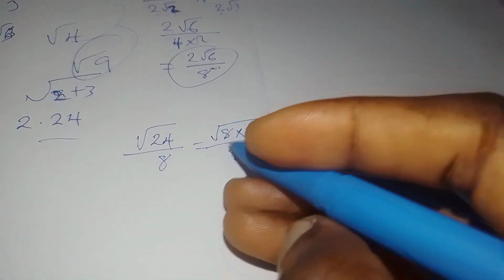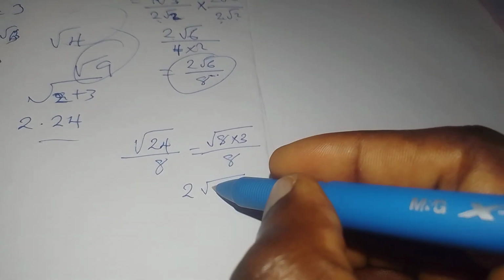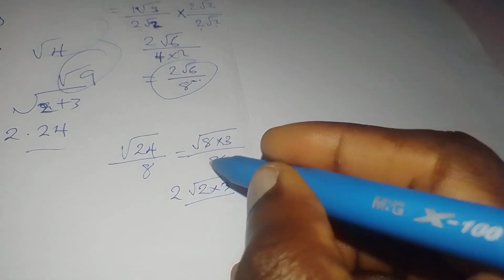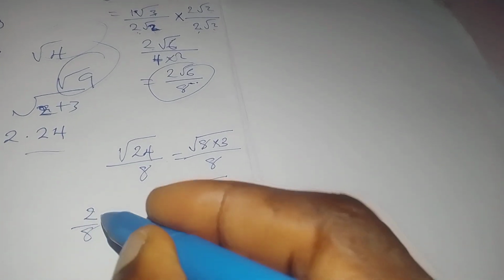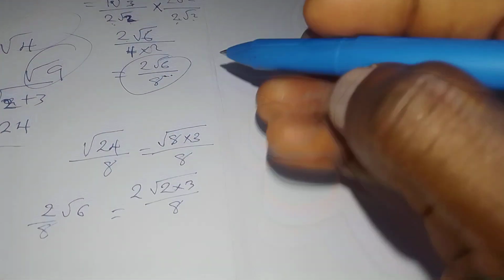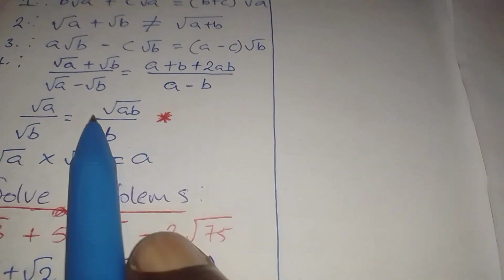That equals 2 root 6 over 8, the same answer. That means this rule is standing.